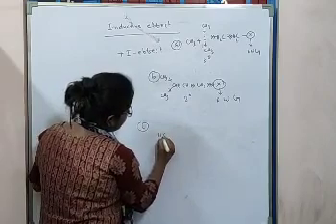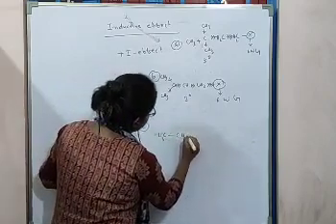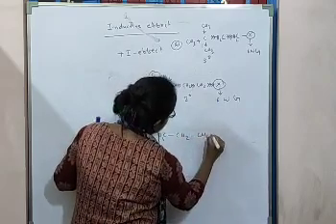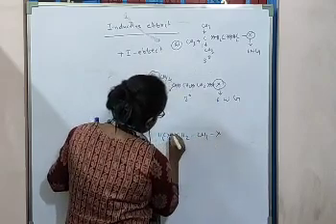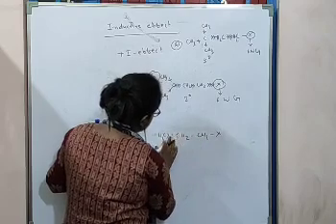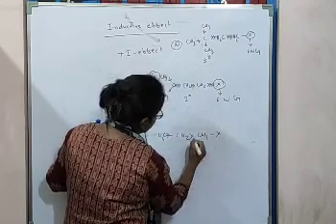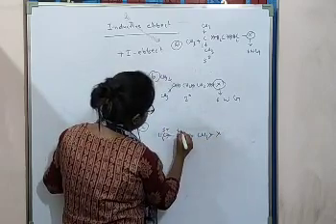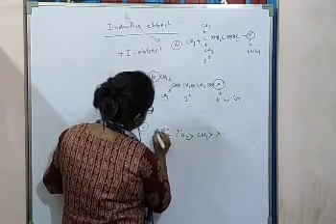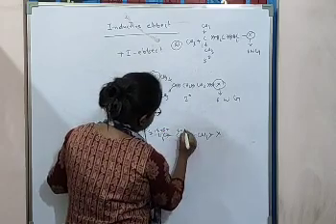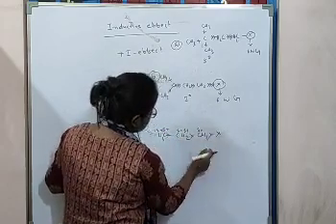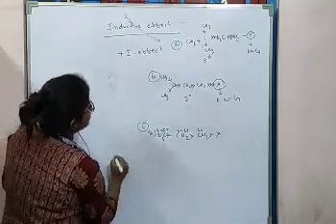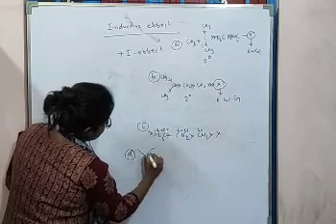Similarly, in the 1 degree carbocation, 1 CH3 group plays one plus I effect towards the electron withdrawing group. So its plus I effect order is A greater than B greater than C.